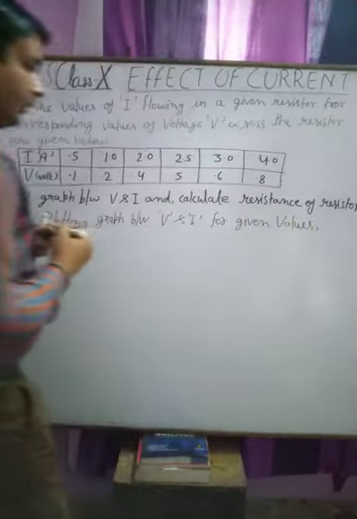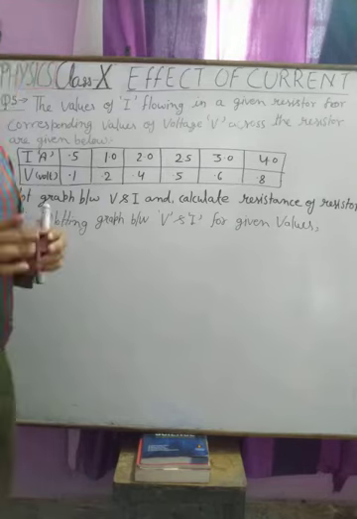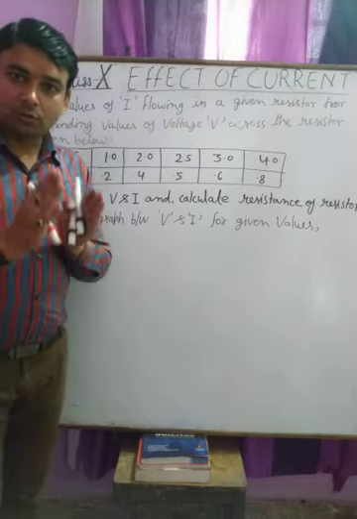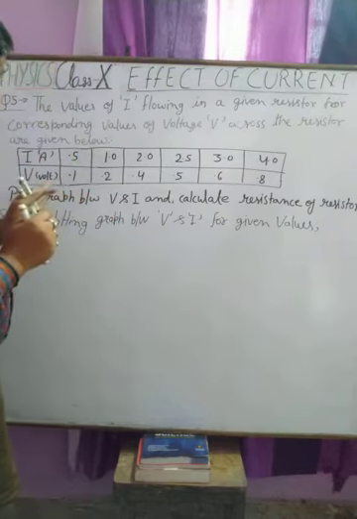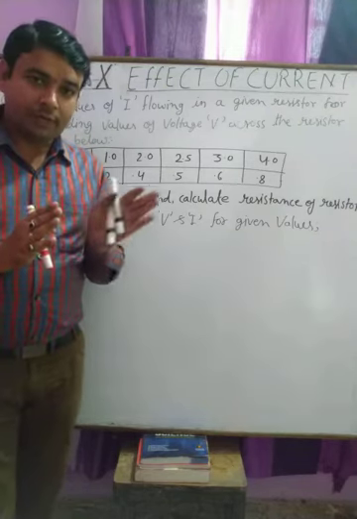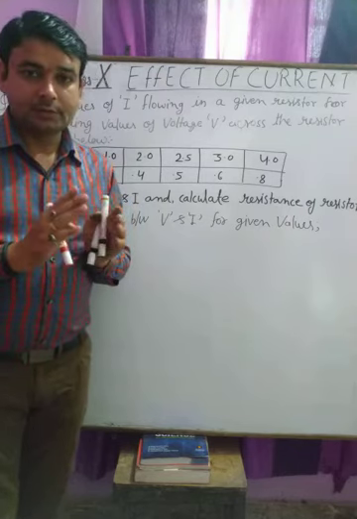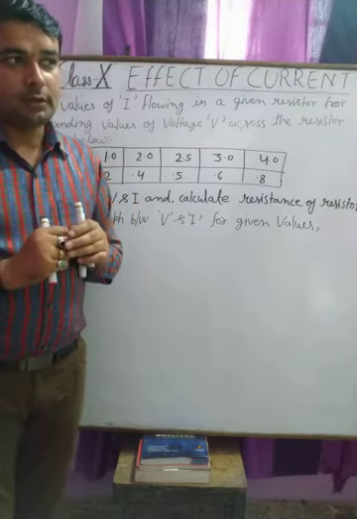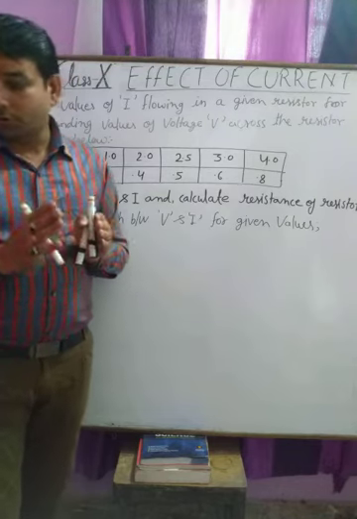Now in Ohm's law, the potential is taken on the vertical axis and the current is taken on the horizontal axis.